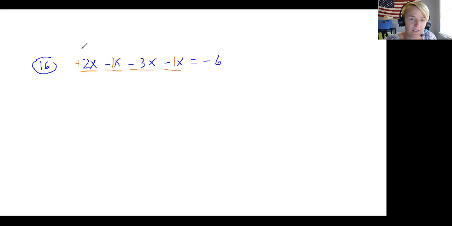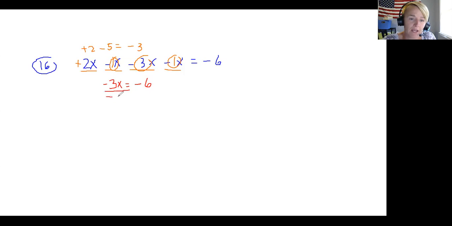It's basically like saying positive 2 minus 1 and 3 is 4, and another one is 5. So it's like a negative 5 here, and you would end up with a negative 3 overall. So when I combine these, I'm going to combine for a negative 3x equals negative 6.